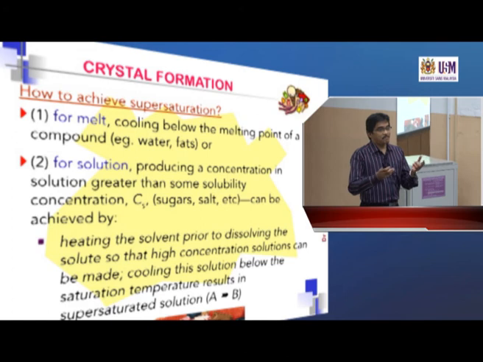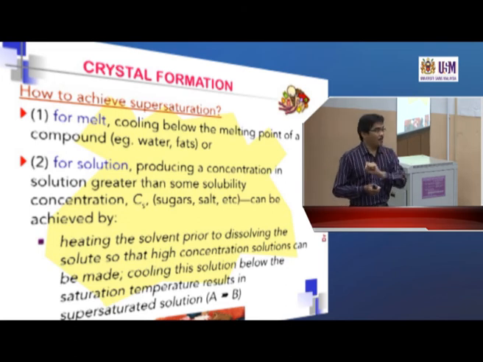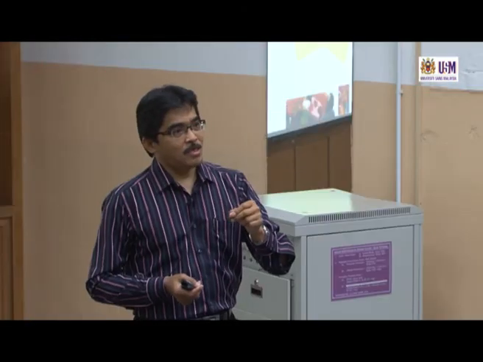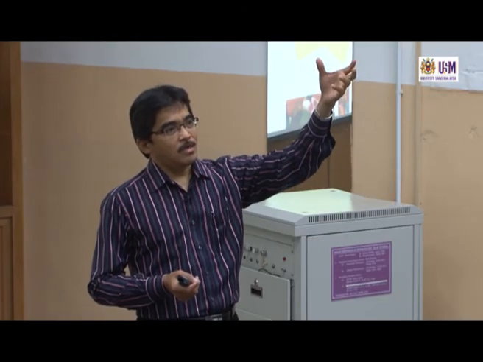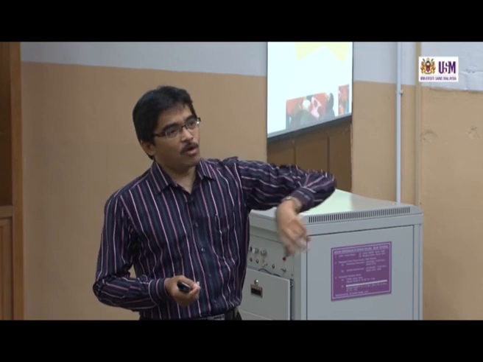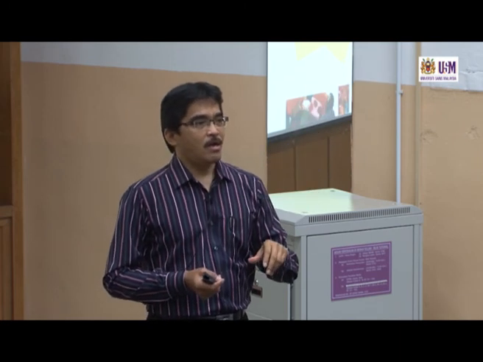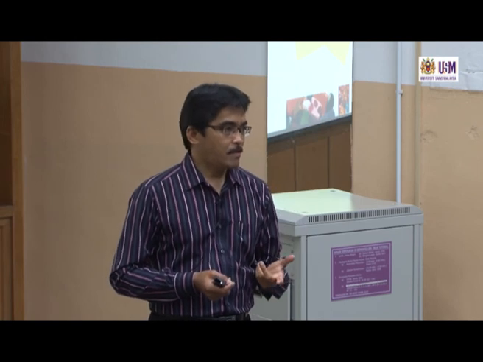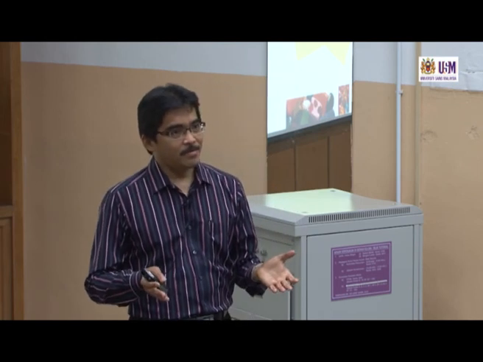Remember, in fat we have triglycerides. Each triglyceride has its own melting point. So all we need to do to start the crystallization is cool the melt below the melting point of the triglycerides in the fat.